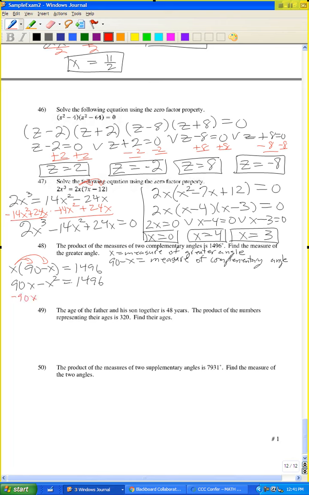Subtract 90x, add x squared to both sides of your equation. So you get x squared minus 90x plus 1496 is 0.